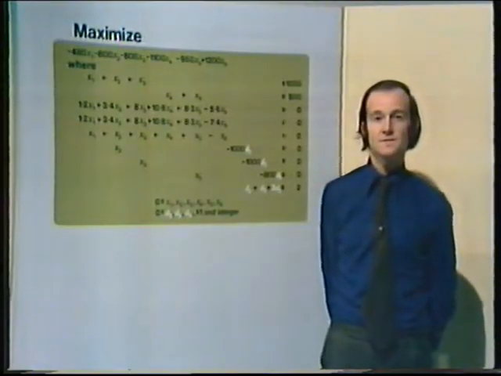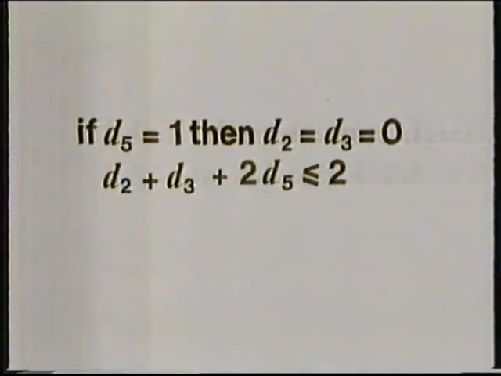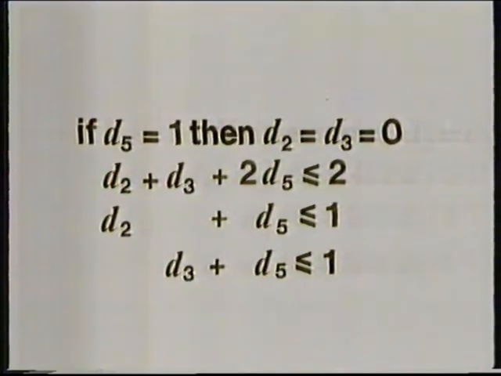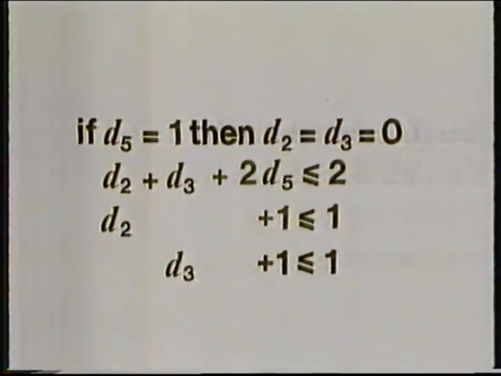Let's first of all look at our formulation. Our logical condition was expressed by this constraint at the bottom. An alternative way of doing this would have been to use the 2 single constraints below. Let's make sure that this works. If we have fish, D5 is 1, and our constraints become, the ones cancel, giving us these constraints, which force both soya and palm out of our blend.